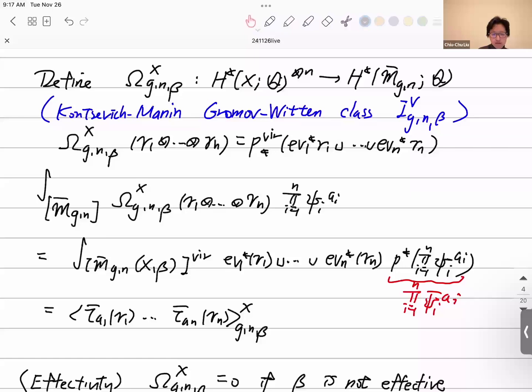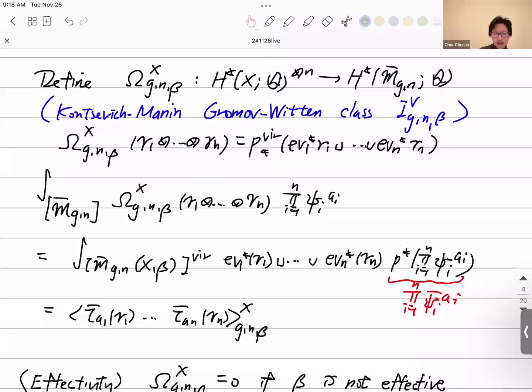So this will be a map from the nth tensor product of the rational cohomology of the target X to the cohomology of M bar g,n. If we take gamma 1 to gamma n, which are cohomology classes on X, we pull them back via the evaluation map. Oh yeah, on this page we do not assume gamma i is of even degree, so we need to order it in the same way.